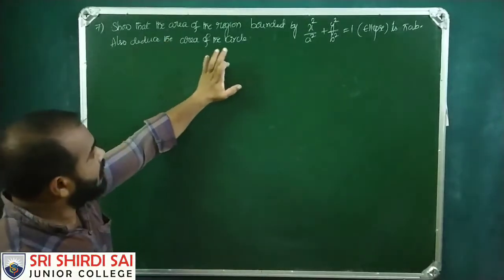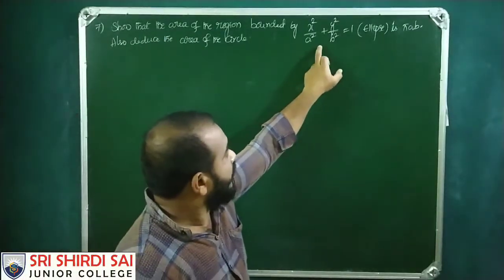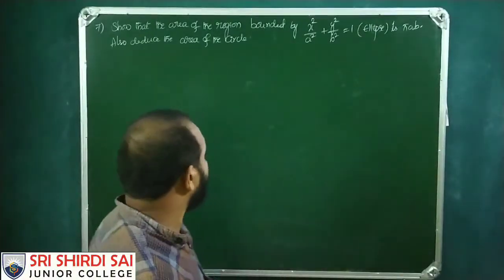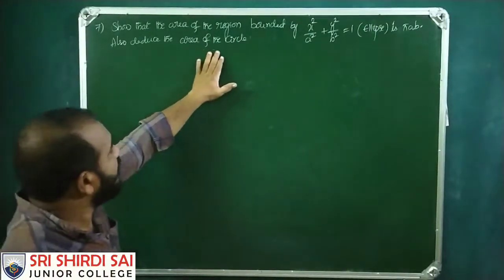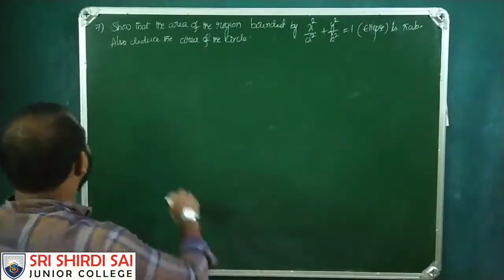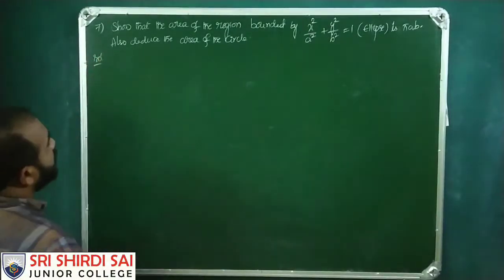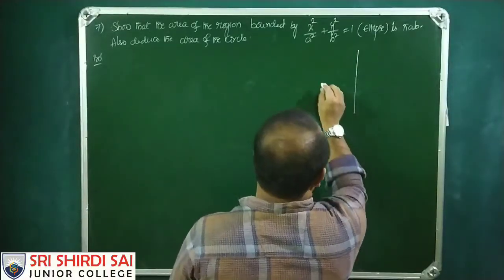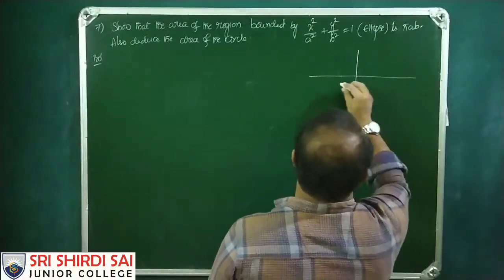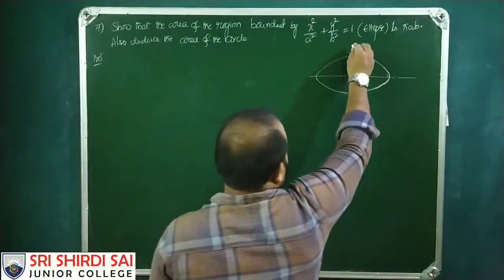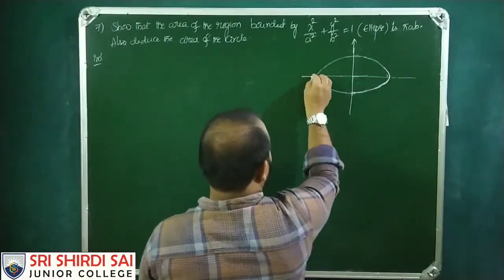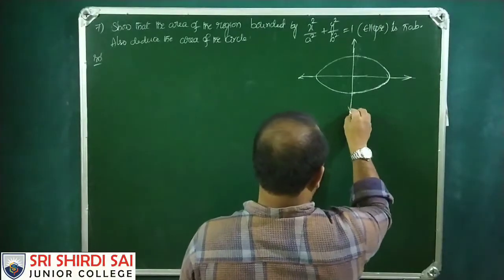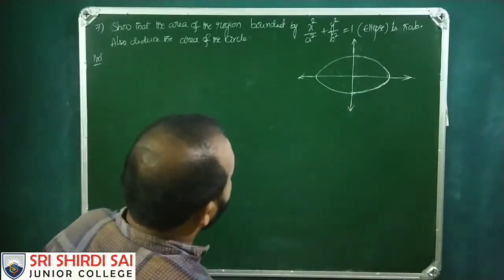Show that the area of the region bounded by x square by a square plus y square by b square equals 1, which is an ellipse, is pi ab. Also deduce the area of the circle. So let us take the coordinate axes.